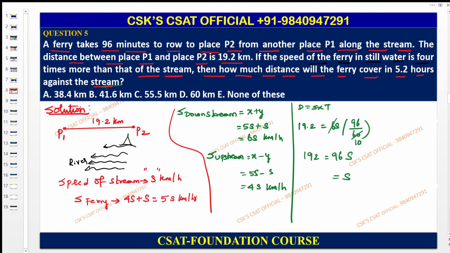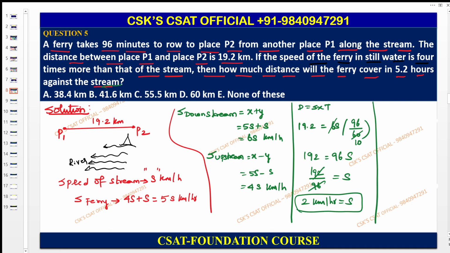Cross multiplying, 10 into 19.2 becomes 192, which is equal to 96S. So S is equal to 192 by 96, which becomes 2 kilometer per hour.